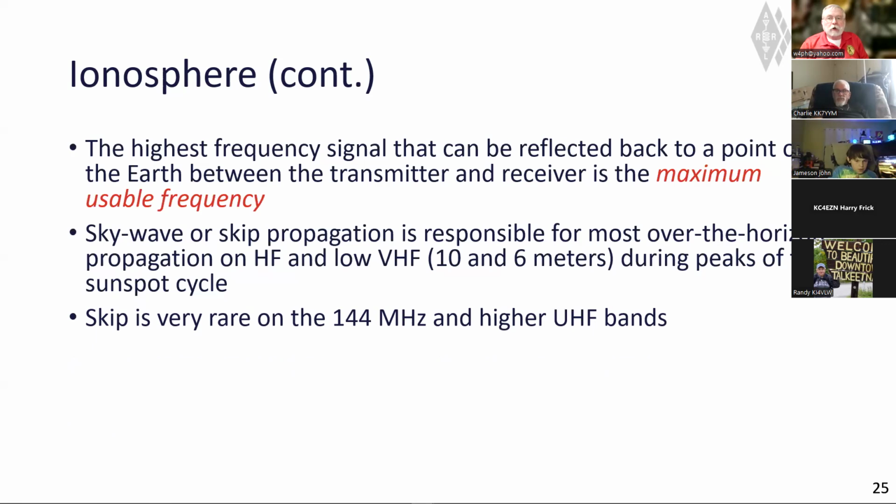Skip is very rare on the 144 megahertz and higher UHF bands. I think when contesting, we were over near Chattanooga and had the best 144 megahertz skip from just above Chattanooga, Tennessee, on a pull off on the interstate there, 75, into Texas.